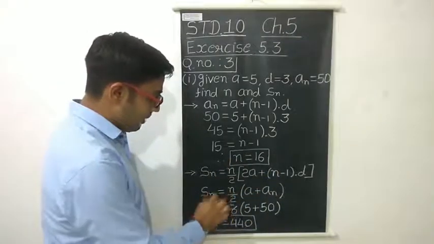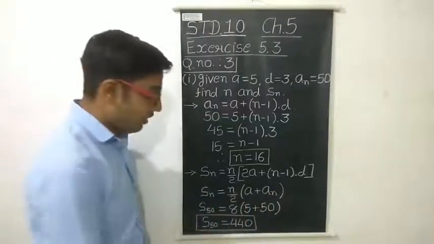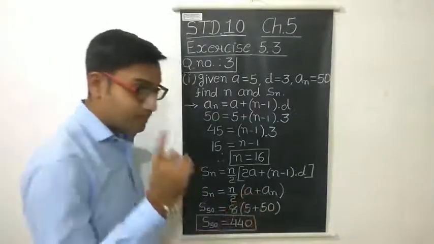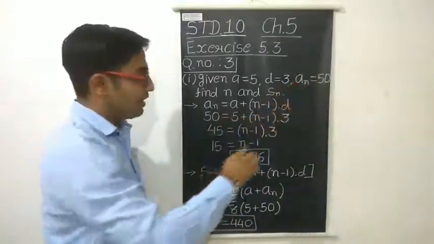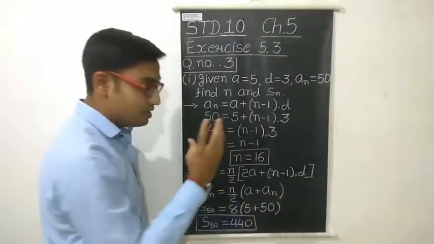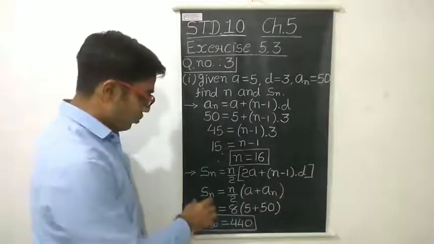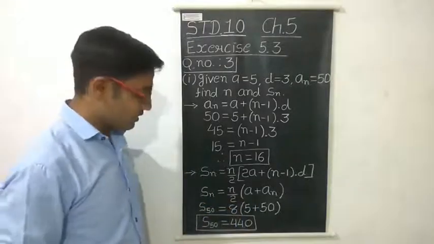We can also use this formula when we know the value of the first term and the last term. In this case, we know the value of the last term, that is equal to 50. So we do not have to use the first formula, we can use this formula, right? So Sn is equal to n by 2 into the bracket a plus an.